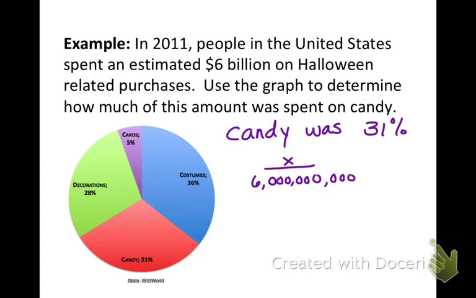So 9 zeros, is equal to 31%, so 0.31. What does that get me? 6 times 0.31 is 186 with 7 zeros.